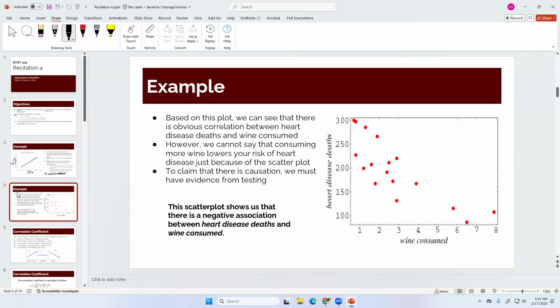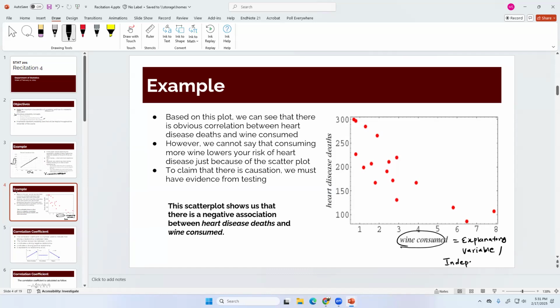Look at this example. We have wine consumed as your explanatory variable, your independent variable.